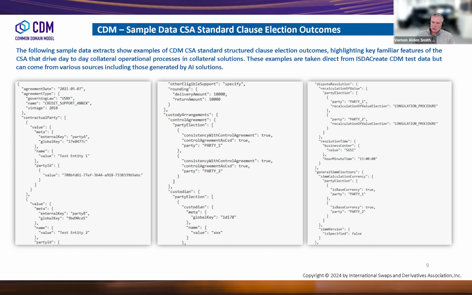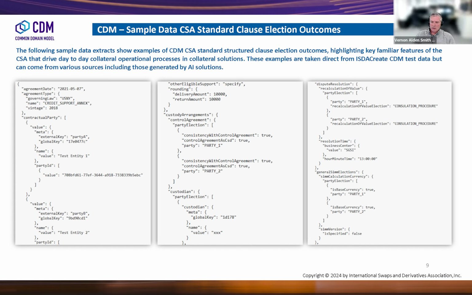And just to show you some examples of what this data looks like, I have some extracts. These are data extracts in a JSON format. And these are taken from the ISDA Create Test Pack, but the CDM data would look identical. It has the key information here in a structured way: your agreement date, the name of your agreement, your year and your governing law, for example, your contractual party information.